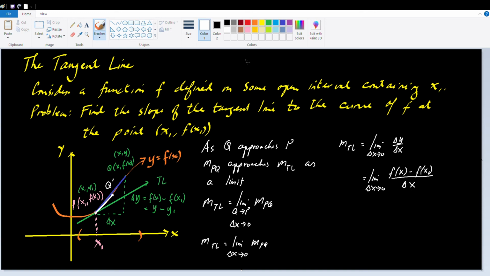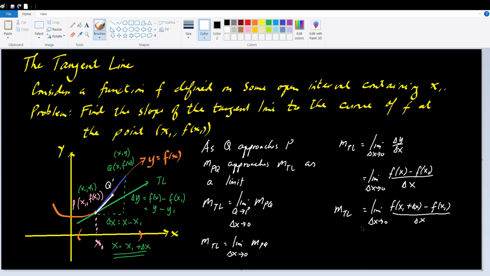Our delta x is nothing but the difference between x and x sub 1, and x is equal to x sub 1 plus delta x. So f of x can be written as f of x1 plus delta x, giving the limit of f of x1 plus delta x minus f of x1 all over delta x as delta x approaches 0.